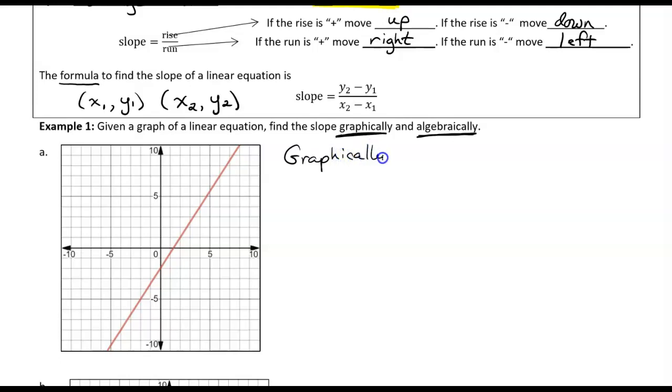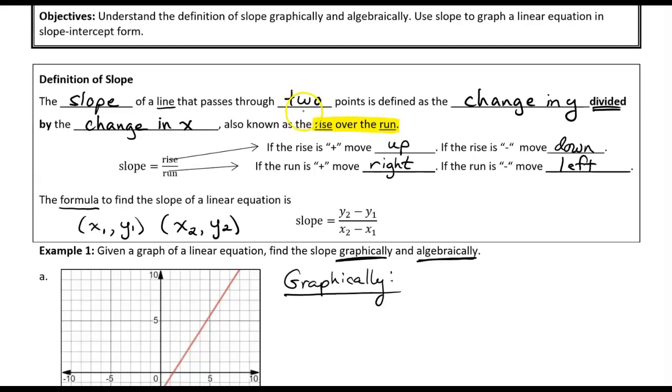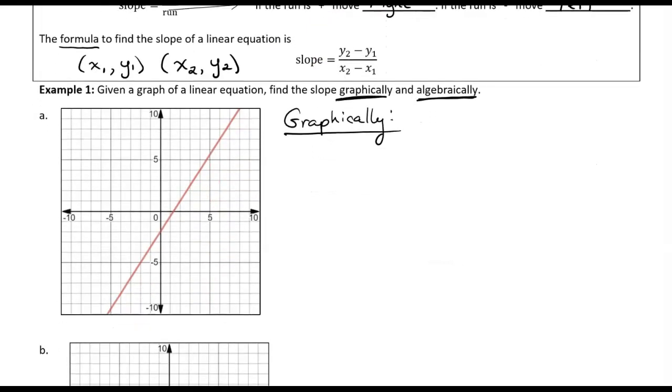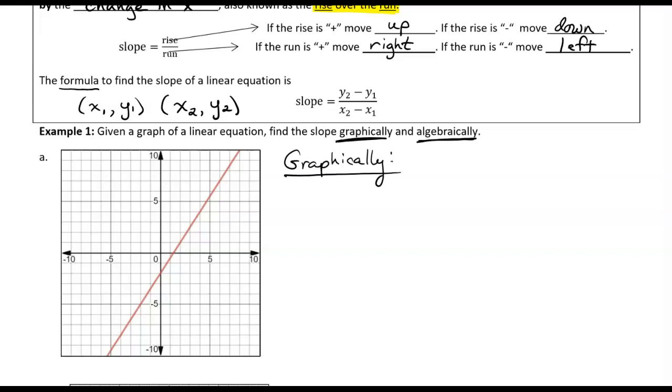Now, graphically, we're going to have to somehow measure the rise part and the run part. And again, we're calculating the slope from 2 points. So to even do this graphically, I need to identify 2 points and measure that rise and that run. So looking at my graph, I want to pick 2 points that match exactly to my crosshairs on my XY plane. Right? This is our Cartesian plane. It's what we graph on in our class.